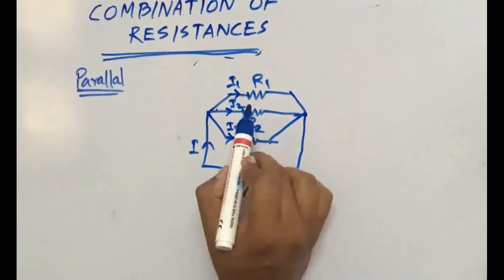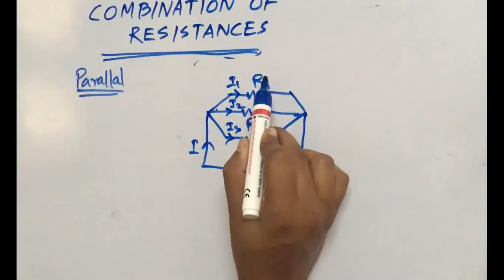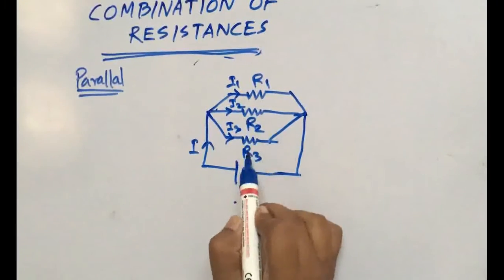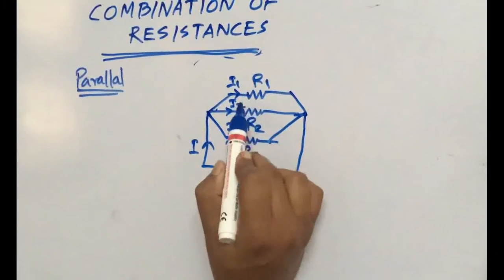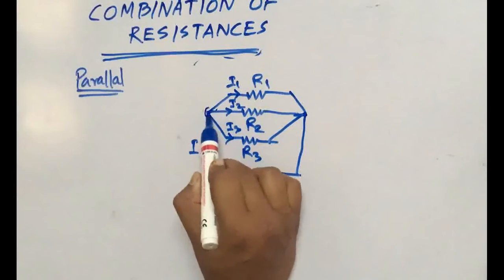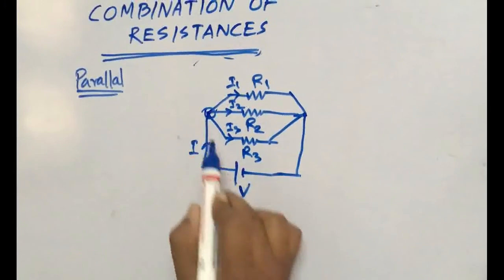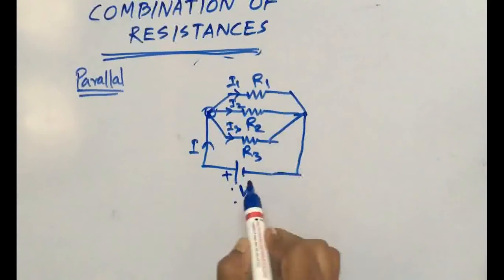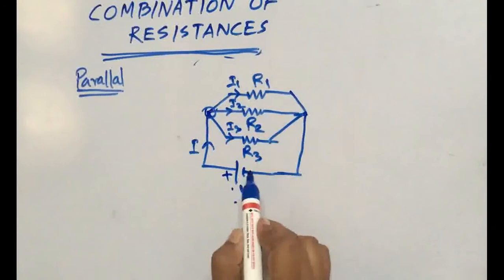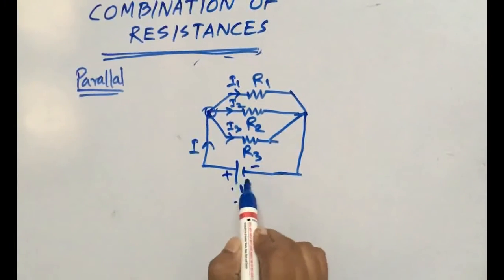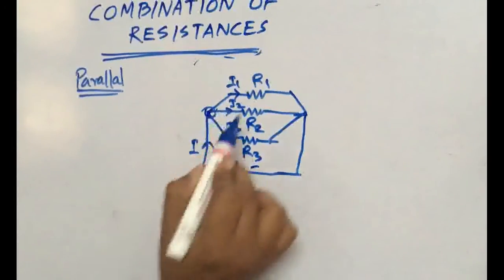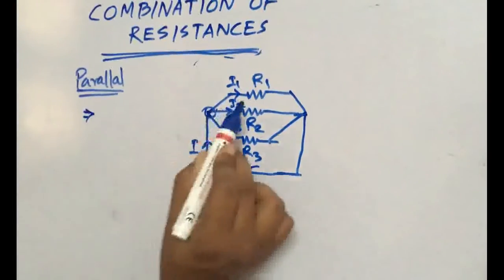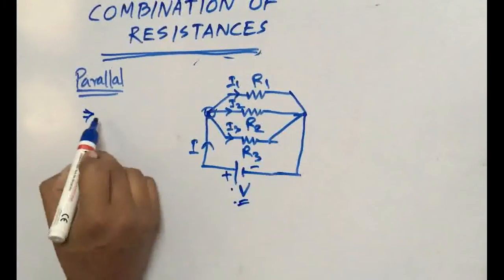Across these three resistances the potential difference is the same, because these three are connected to a common point, which is connected to the plus terminal of the potential. Similarly, the other terminal is directly connected to the negative terminal of V.